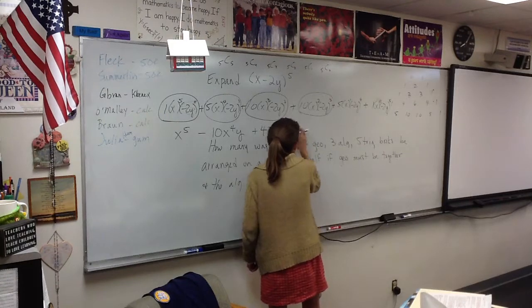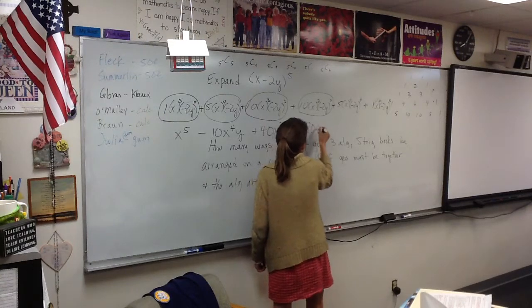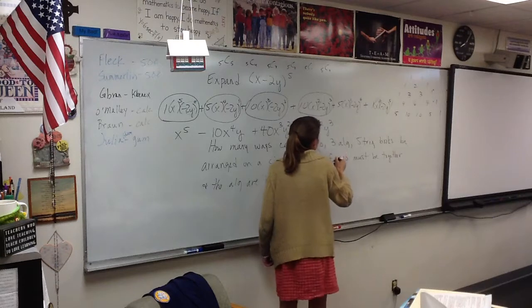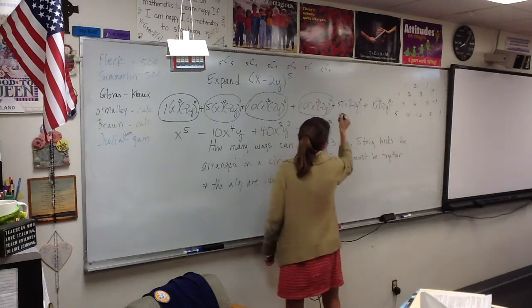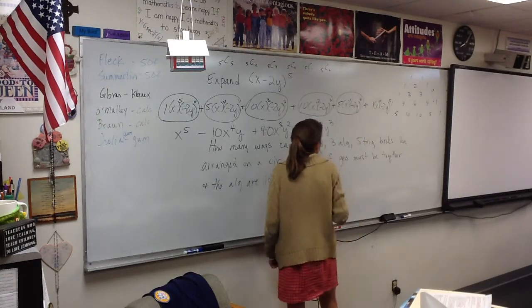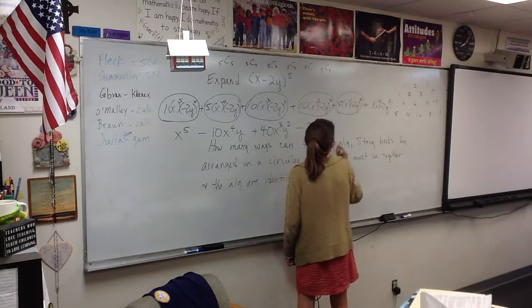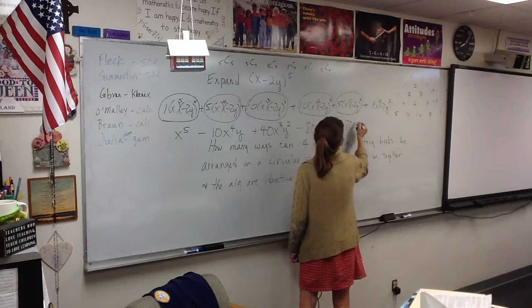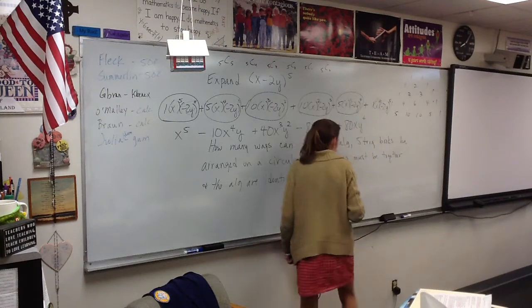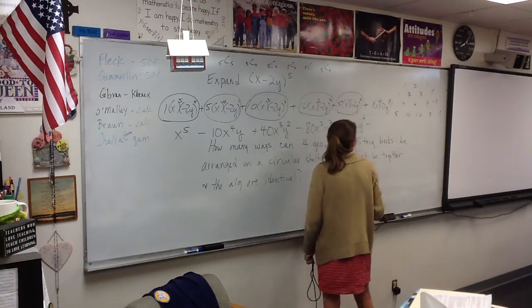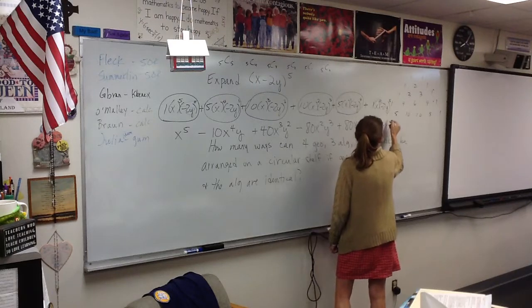Oh no, that'll be minus 80 x squared y cubed. Next, 80 xy to the fourth. And on the end we have negative 32y to the fifth.